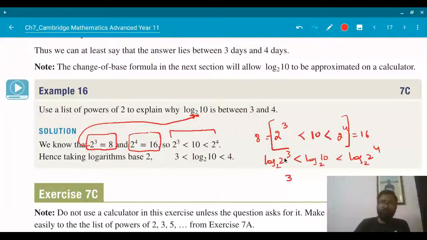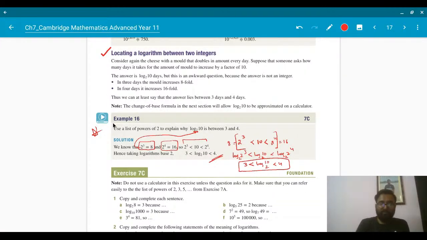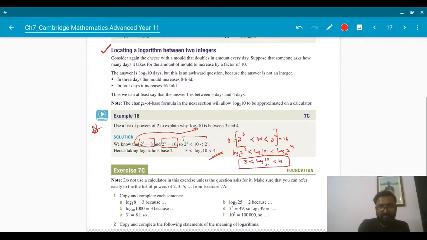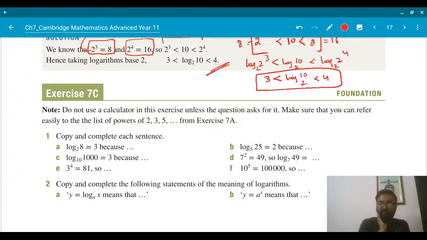So log 2 power 3 base 2 is nothing but 3, less than log 10 base 2, which is less than 4. So in this way we can show that the value of log 10 base 2 lies between 3 and 4. And whenever it is technical, it is quite important that we use the proper notations and all.